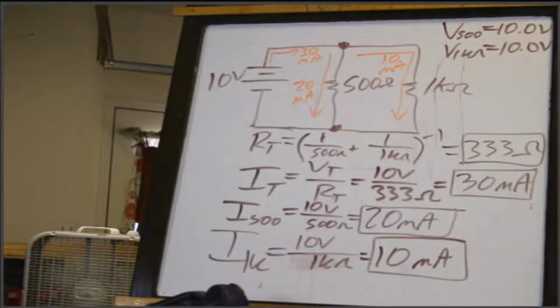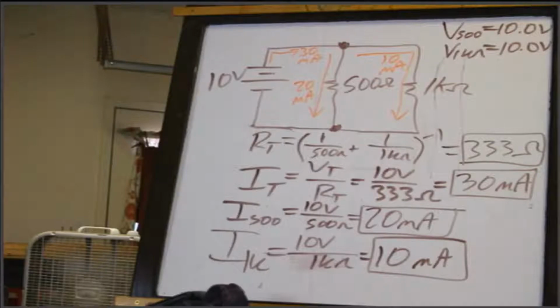So you can see how it splits up. 30 milliamps, and then 2/3 of it goes down the 500, and 10 goes down the 1K. Because 1K is twice the value of 500, it has half the current. There's a direct correlation there. That's why I specifically used these two values, so you could see that easily. Double the resistance, half the current.